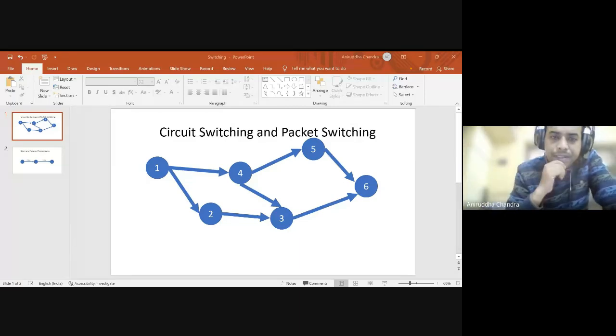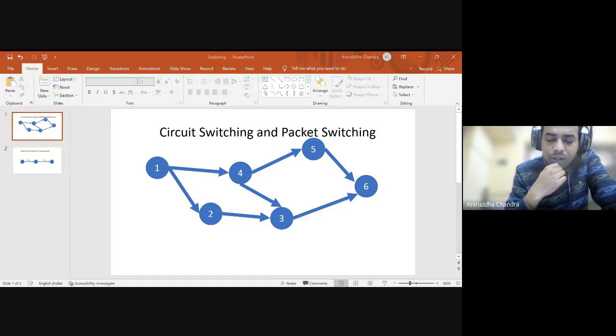So let's now understand the connection between nodes and links, and that has a special name in communication networks called switching. Now, when we hear the term switch, we generally think of an electrical switch, which is on or off. That's fine, but the term switching in general has a more general meaning.